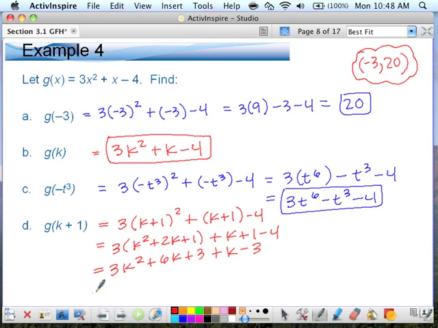What does that give you grand total? 3k squared plus 7k. And what happens to the positive 3 and the negative 3? They cancel to 0. So when you clean all of that up, you end up just getting 3k squared plus 7k. And that's just a quick introduction to function notation, how we use it, and how we simplify from there.